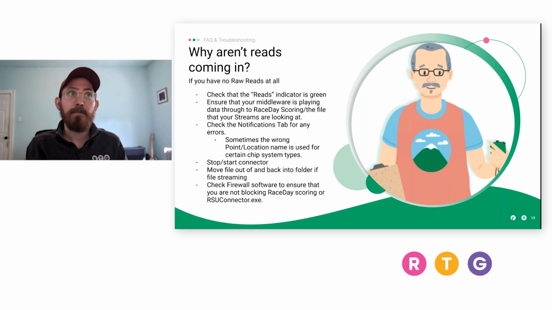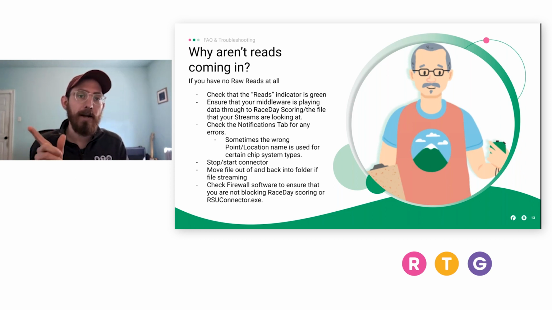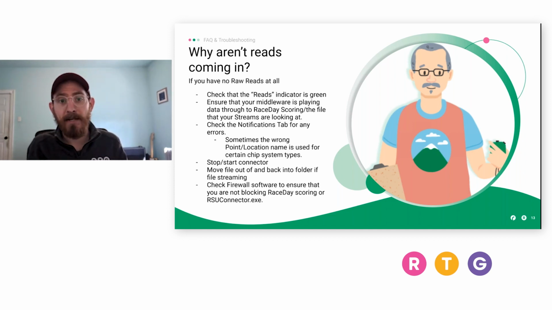Next, check out your notifications tab in RaceDay scoring. In the top right, there's a little indicator, and it'll glow red if there's warnings or errors in there. Sometimes what you'll see is an error notification that will say something along the lines of reads were seen with point name start in brackets, but there's no stream set up to look at that.